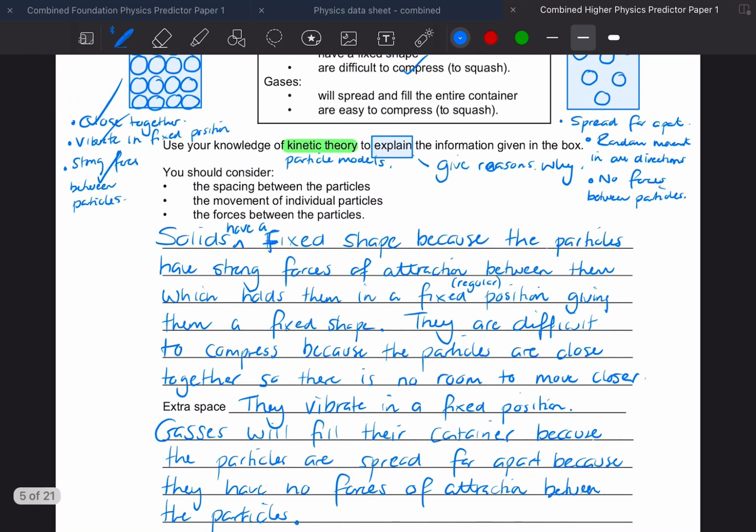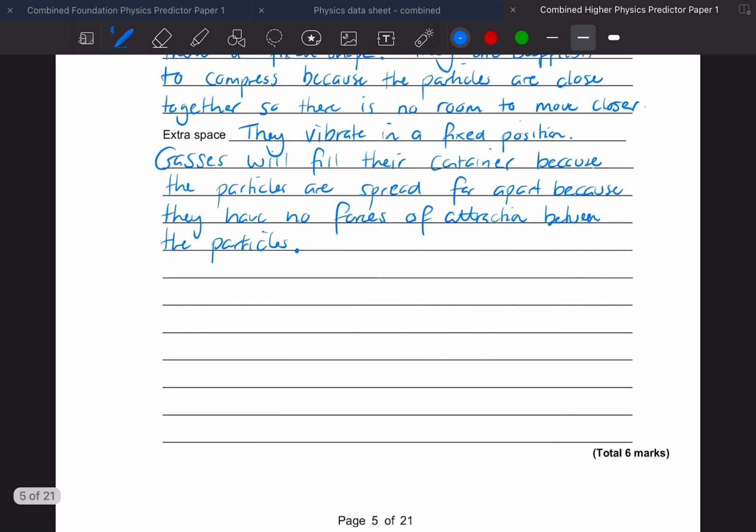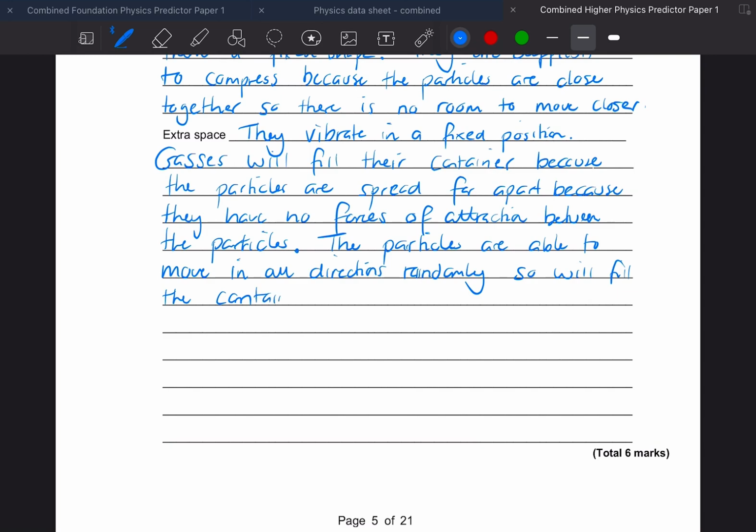We probably need to actually mention this bit about the idea that they'll move randomly in all directions. The particles are able to move in all directions randomly, so will fill the container they are placed in.